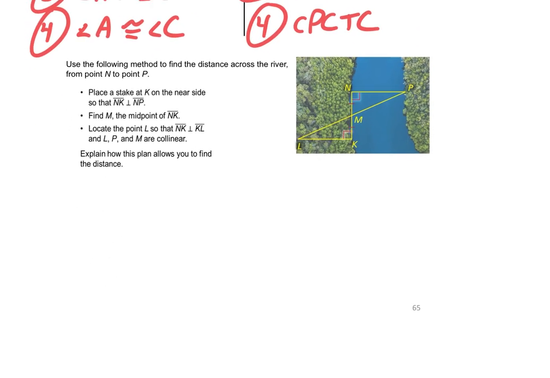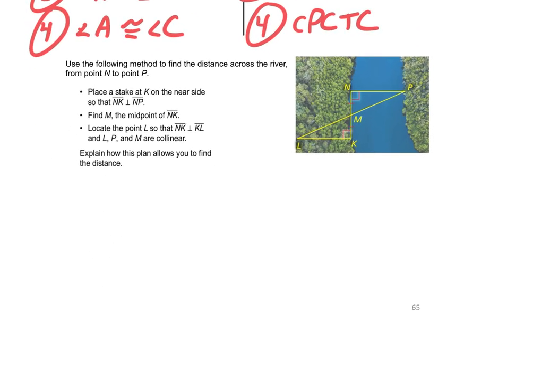Okay, on this one here, I'm not going to necessarily do a two-column proof. We could do a two-column proof, but unless it says write out a two-column proof, this one just says explain why. So you could write it out in a sentence. You can do it in short statements, however you want to do it. So I'm going to show you another way that you could do this.